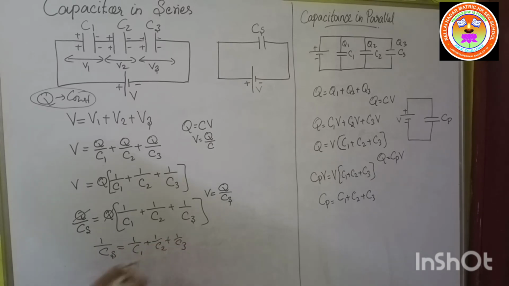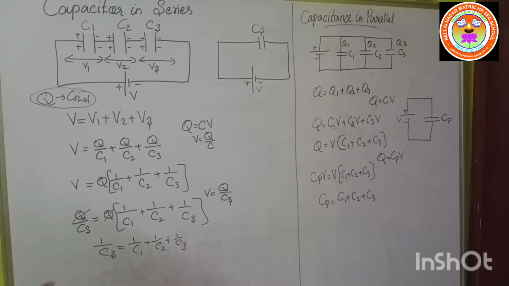So the inverse of the equivalent capacitance of the 3 capacitors connected in series is equal to the sum of the inverse of each capacitance, the sum of the reciprocals.